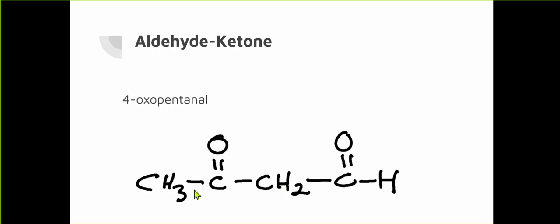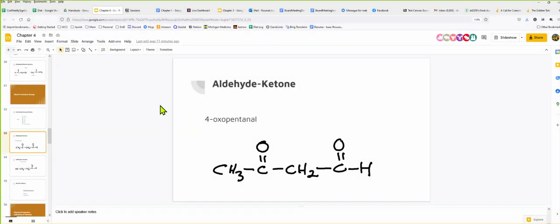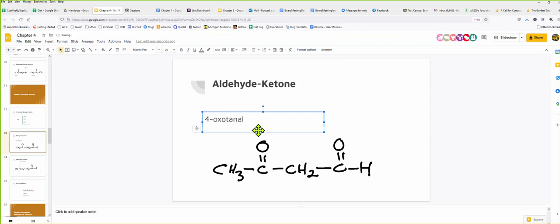Oops, this should be butanal. Sorry, 1, 2, 3, 4. This should be 4-oxobutanal. Not pentanal. 4-oxobutanal. Thank you. Boy. Well, when I screw it up, I screw it up good.